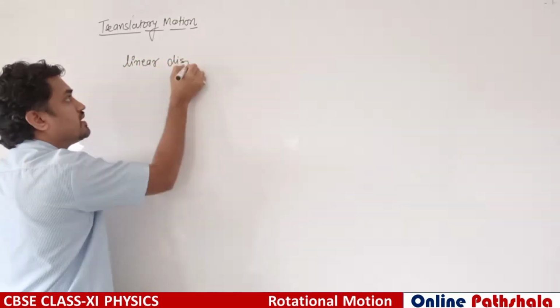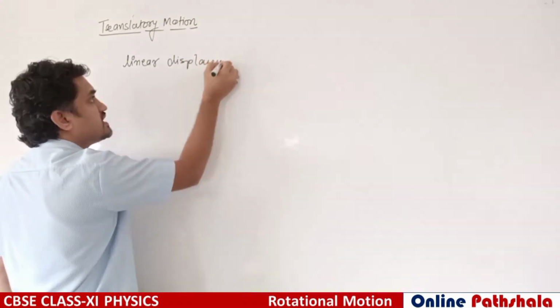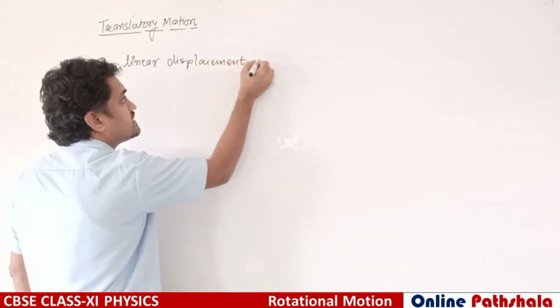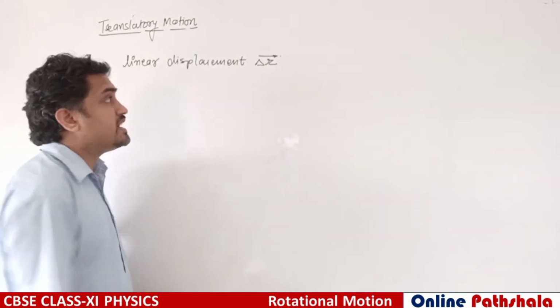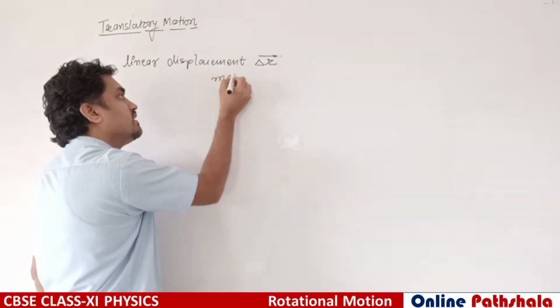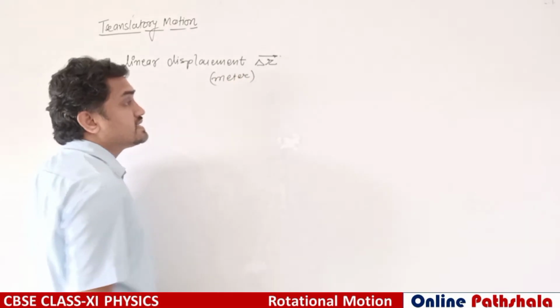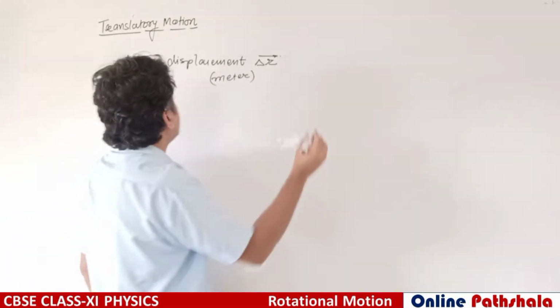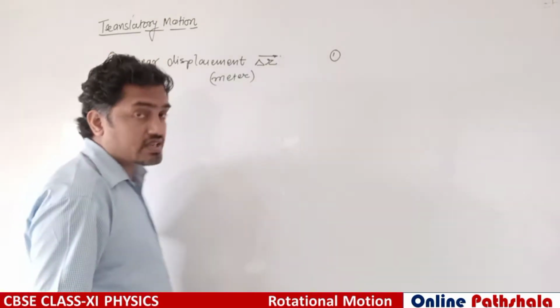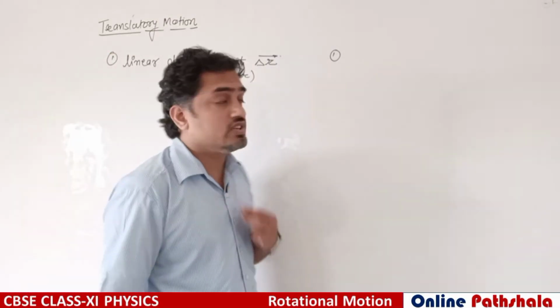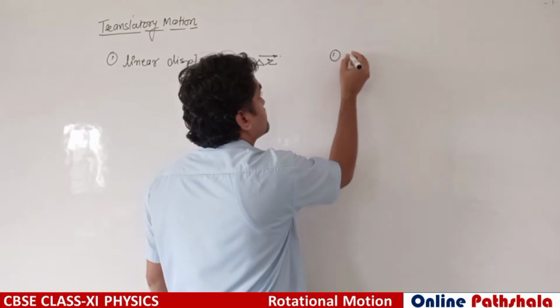Linear displacement is delta r vector, and it is measured in meter. Same concept we can understand for angular displacement.